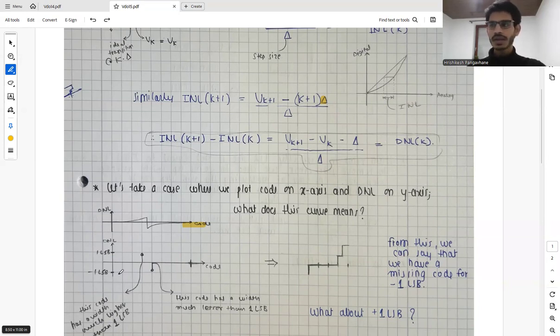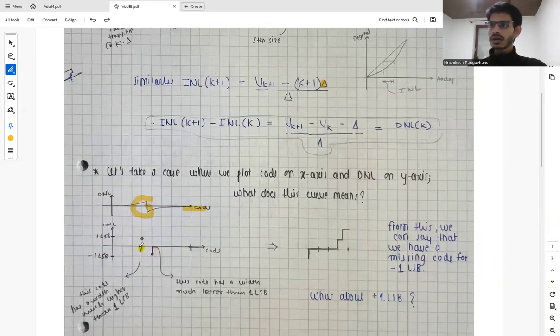Because that's what we are normalizing with. If we zoom it out, it will look like this, where this code has a width which is much higher than 1 LSB, and this code has a width much lesser than 1 LSB.